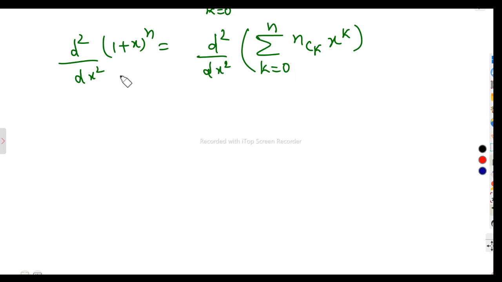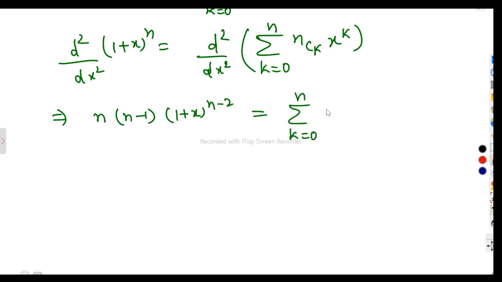So this is equal to n into n minus 1 into 1 plus x raised to power n minus 2, equal to the summation k equals 0 to n of nCk times k into k minus 1 times x raised to power k minus 2. Put x equals 1 on both sides.